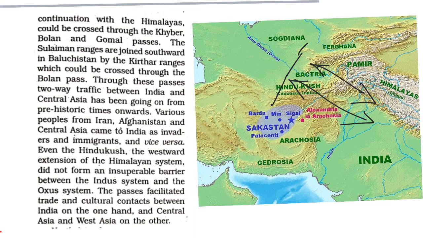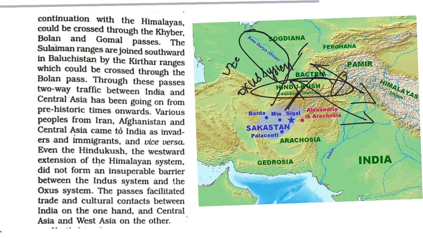Even if you look at the Hindu Kush mountains here, which are nothing but the westward extension of the Himalayan system, they did not form a barrier between the Oxus system and the Himalayan system. Can you see the names Amu Darya and Syr Darya, and the part between them? Today we can relate it to Uzbekistan, right? So the Oxus system developed in this part.